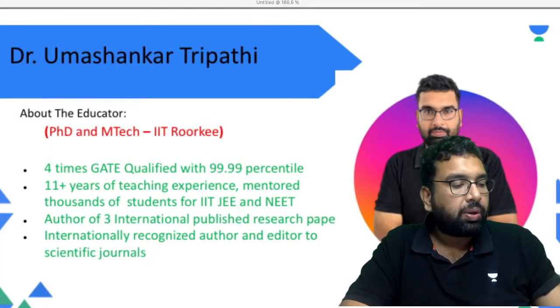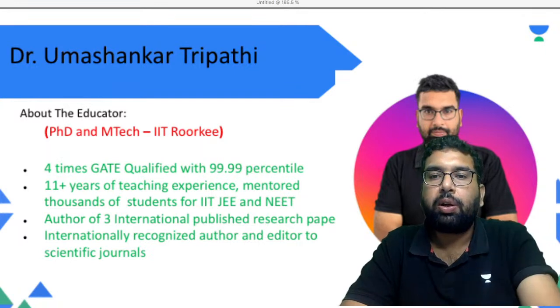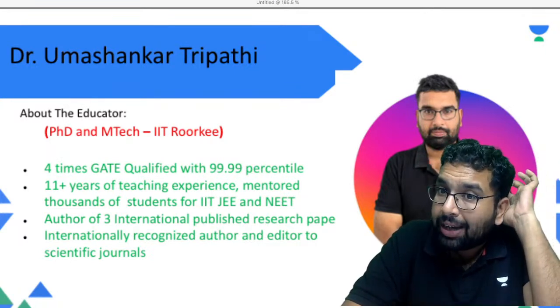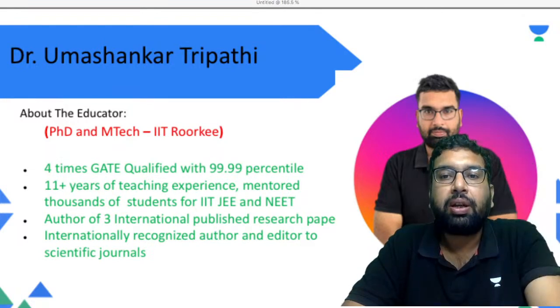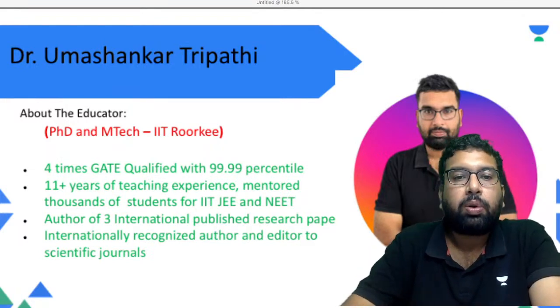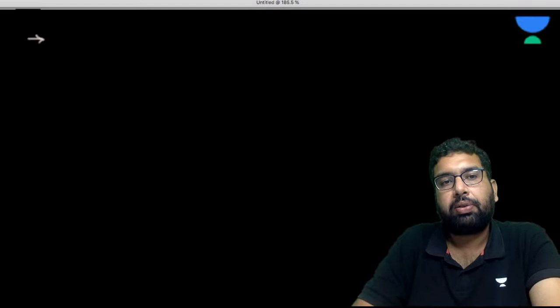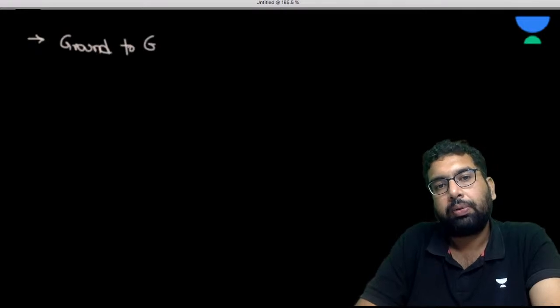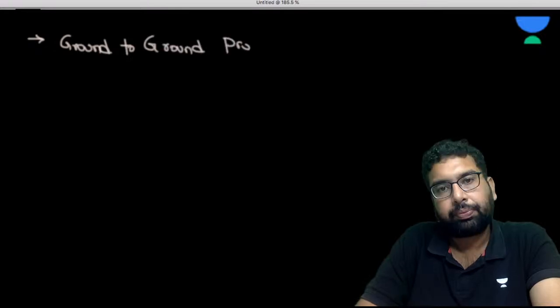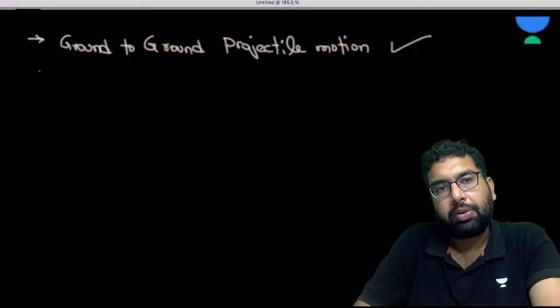And in this session, we are going to continue with projectile motion. In the last session, we completed ground to ground projectile motion, and we have also completed the equation of trajectory.